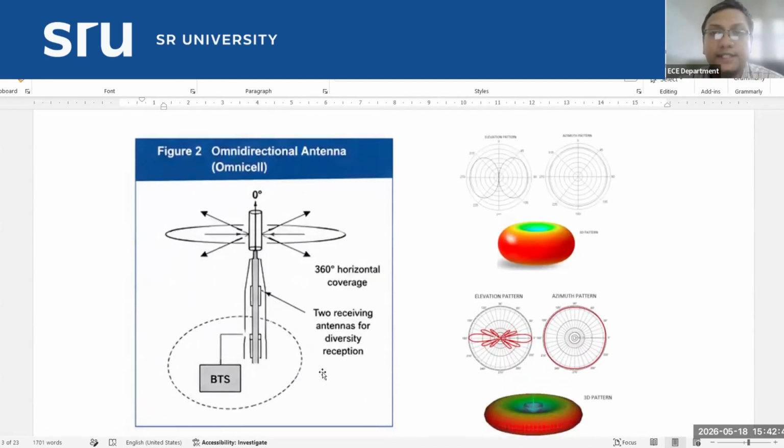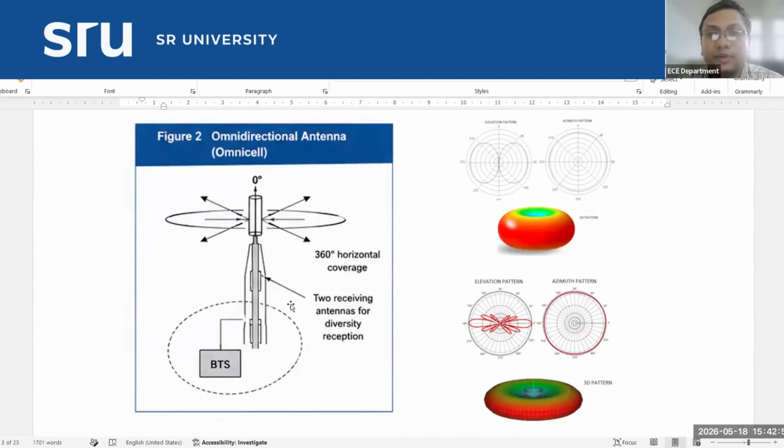So in the figure, you can see that this is one omnidirectional antenna and it is radiating some energy horizontally. Now, there could be three types of omnidirectional radiation, because the omnidirectional radiation remains in one plane, but the radiation characteristics in other planes should also be taken into care.